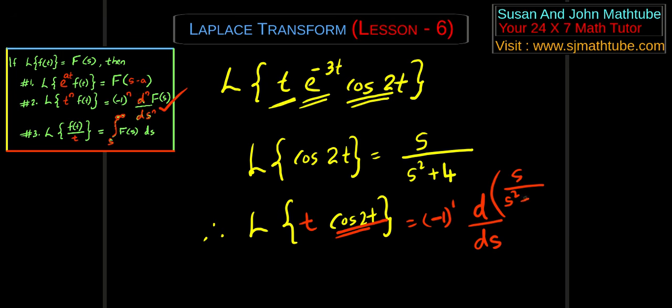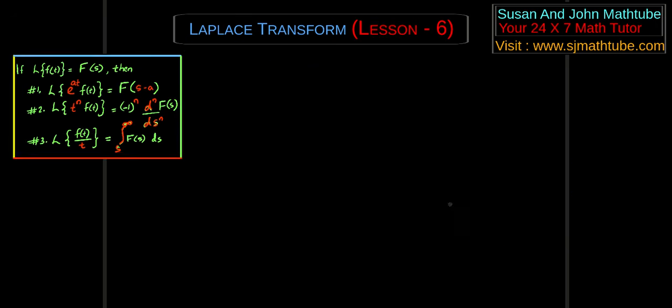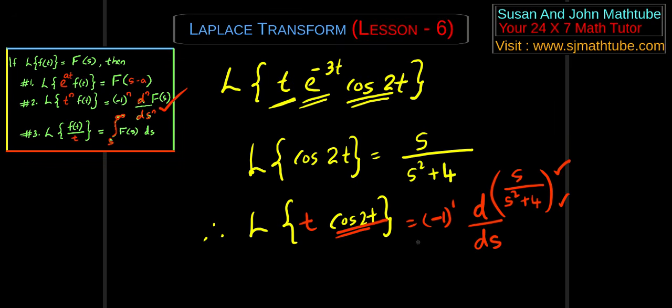Tell me please, should we apply u by v rule or not? Yes, because I can see s in the numerator and denominator. So I can write like this, that is Laplace of t into cos 2t is equal to minus and a big bracket. Minus comes from here. What's the denominator?